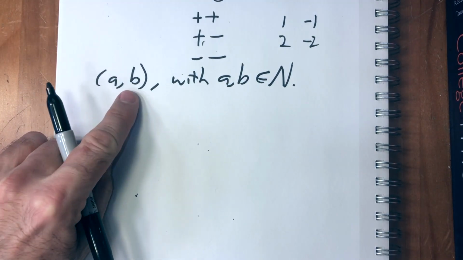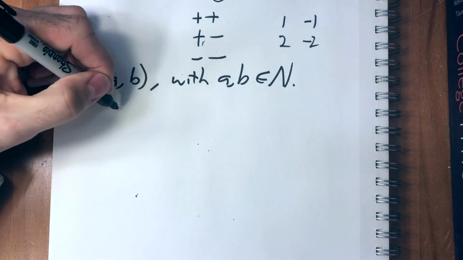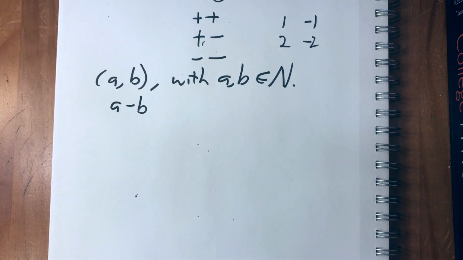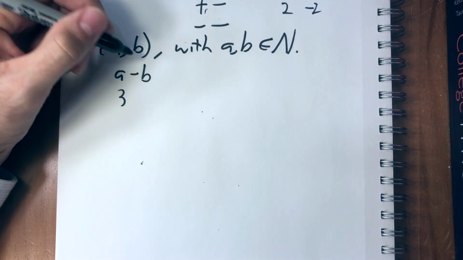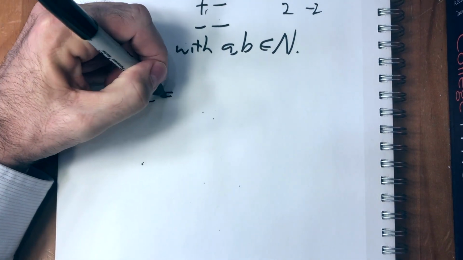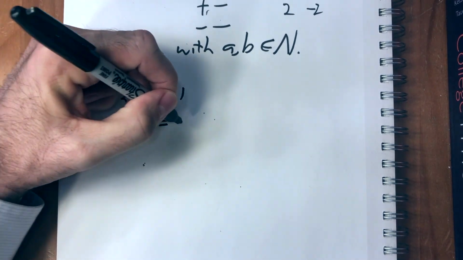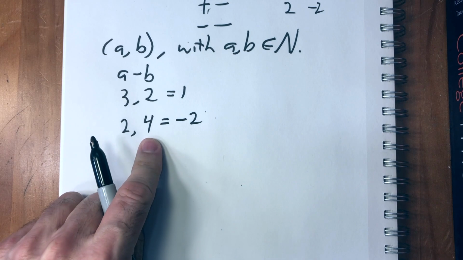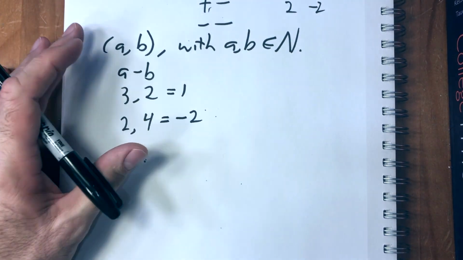And so we'll think of the pair (a, b) as representing the number a minus b. So if a is larger than b, like (3, 2), that would equal 1, right? And then maybe (2, 4) would equal -2 because it would be 2 minus 4. So in this way, we can represent all of the integers.